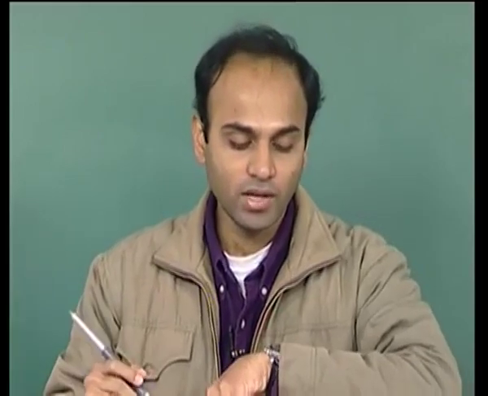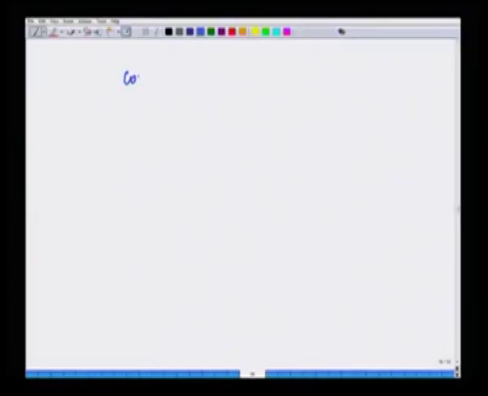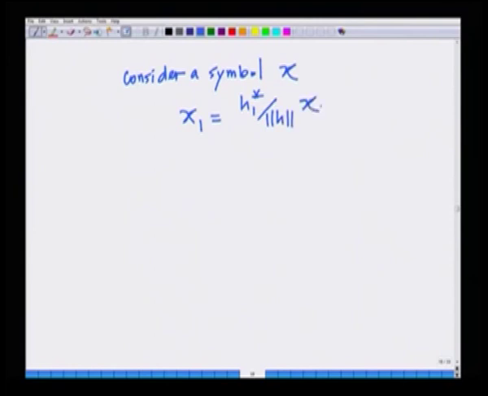Let me illustrate a simple scheme. Consider a symbol x. What I am going to transmit from the transmit antennas is x1 equals h1 conjugate divided by norm h times x. So, it is sort of pre-coding.